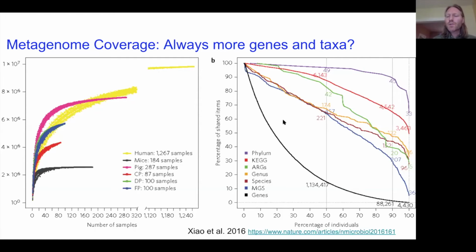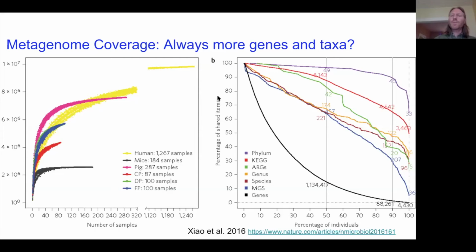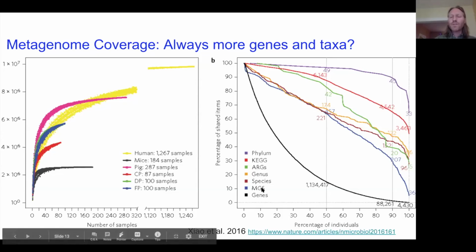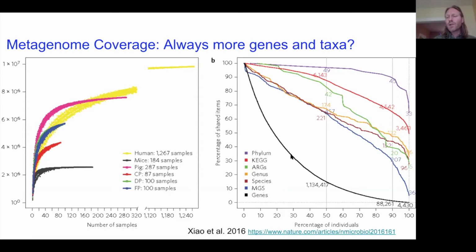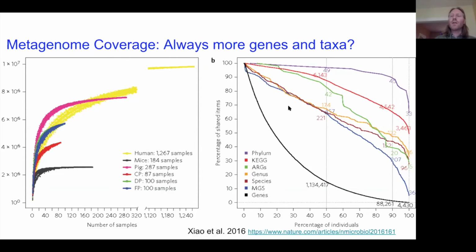On the right, we're looking at the percentage of shared taxa in this case, based on different taxonomic levels, from genus to phylum, and looking at the number of individual samples. So this is another way to look at it that's more like looking at the core of these. So what's present in every single thing that you sample.